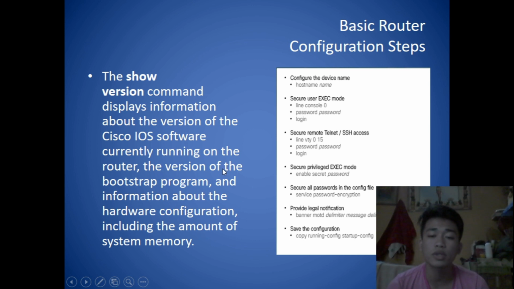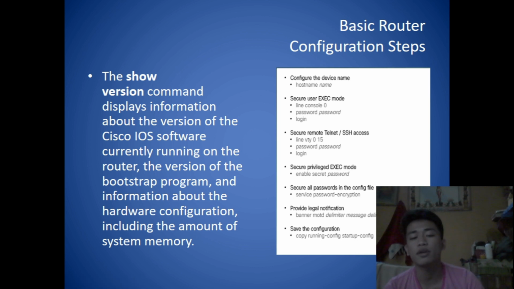To secure remote Telnet access, type line vty 0 15, password, login. To secure privileged EXEC mode, type enable secret password. To secure all passwords in the configuration file, type service password-encryption. To provide legal notification, type banner motd delimiter message delimiter. To save the configuration, type copy running-config startup-config.